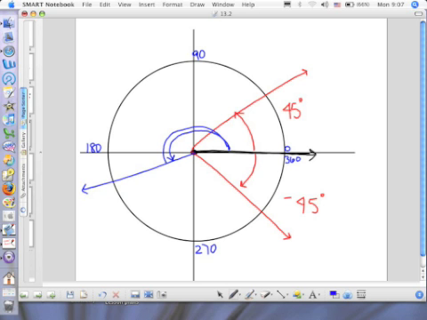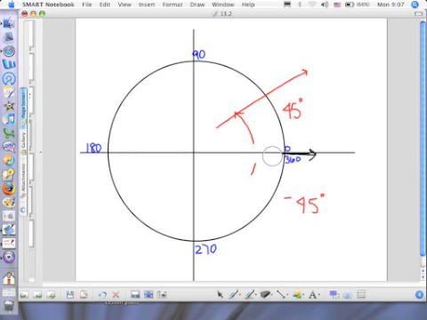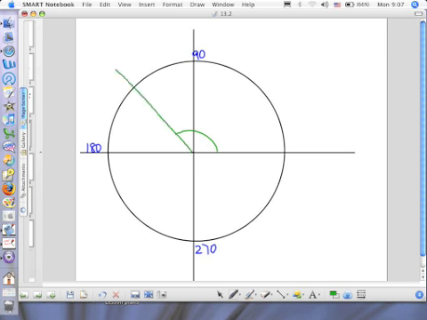Now, if you want to simply identify an angle by looking at it, whether it's positive or negative, does the blue or the green represent the positive angle?